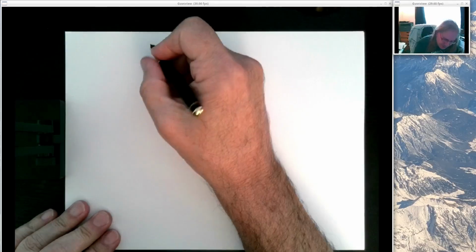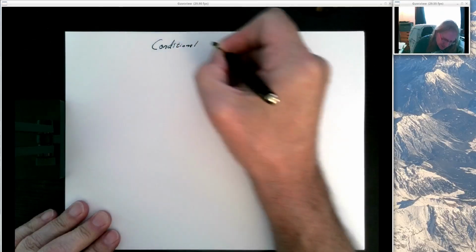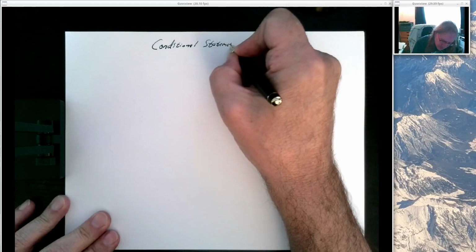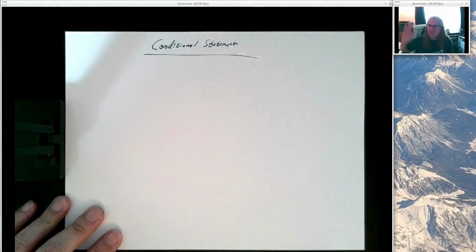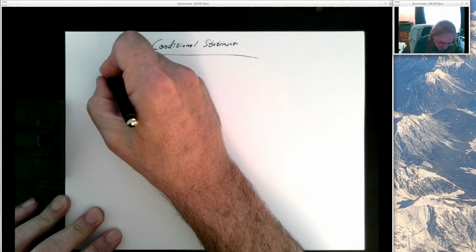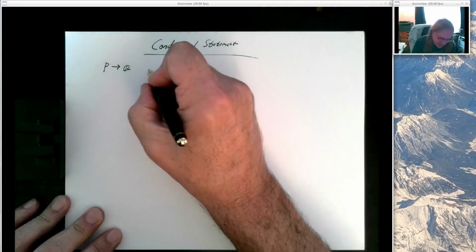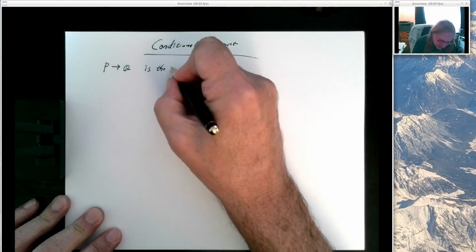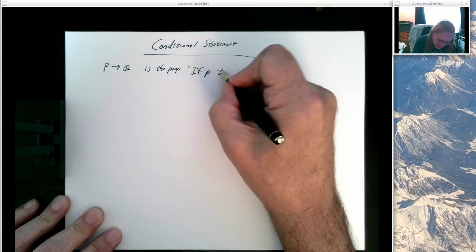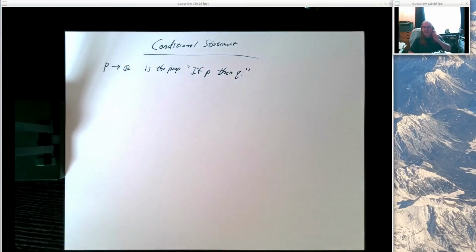Here's an operator we may not have encountered. This is called a conditional statement. And throughout all of this, we're just going to assume P and Q are propositions. So here's a new proposition, P arrow Q. So this is the proposition, if P, then Q. So it's an if-then statement.